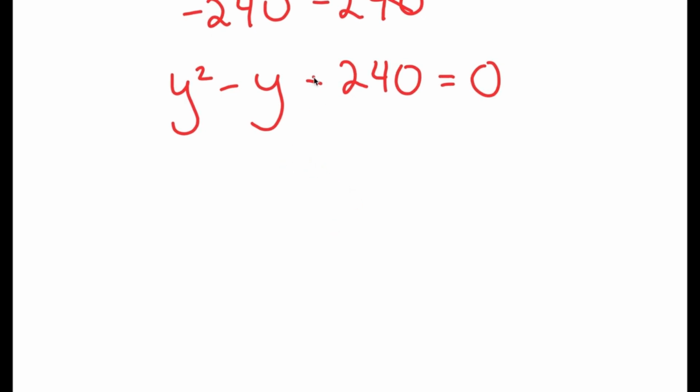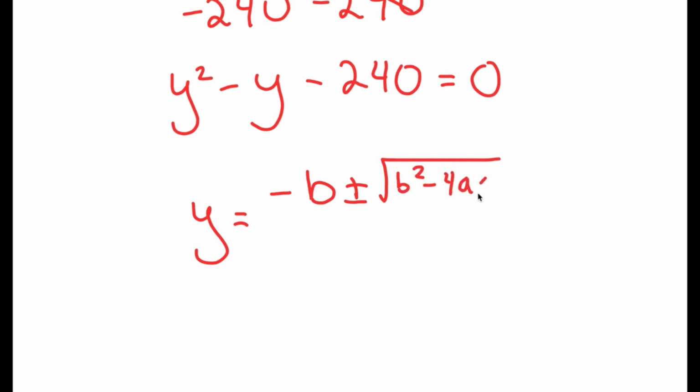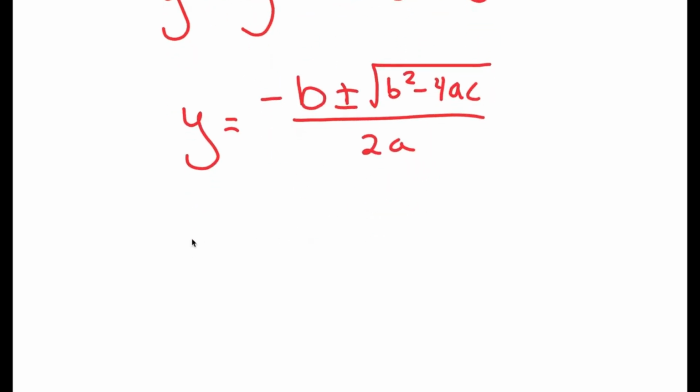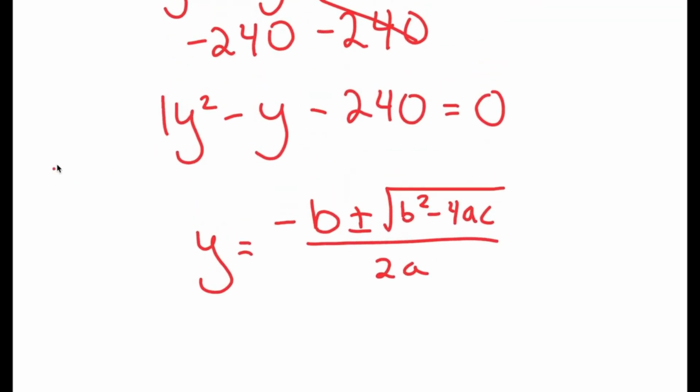And to find the solutions of this quadratic equation, I can use the quadratic formula. If you didn't already know, the quadratic formula is negative b plus or minus the square root of b squared minus 4ac all over 2a. So in this case, a is 1, b is negative 1, and c is negative 240.